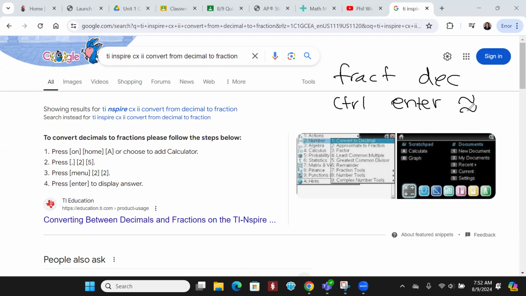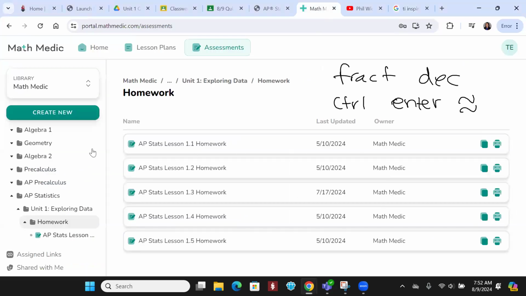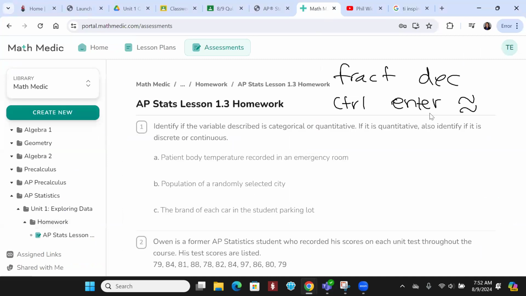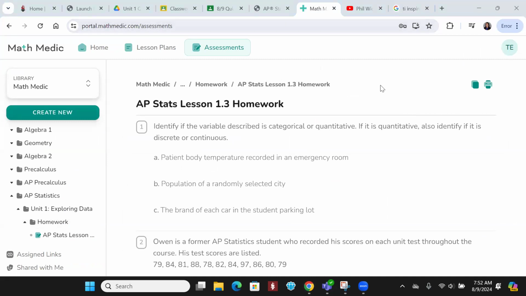All right, going over these answers really quick. Number 1, part A, what is that? Quantitative and continuous, because you can have a temperature like 98.6.